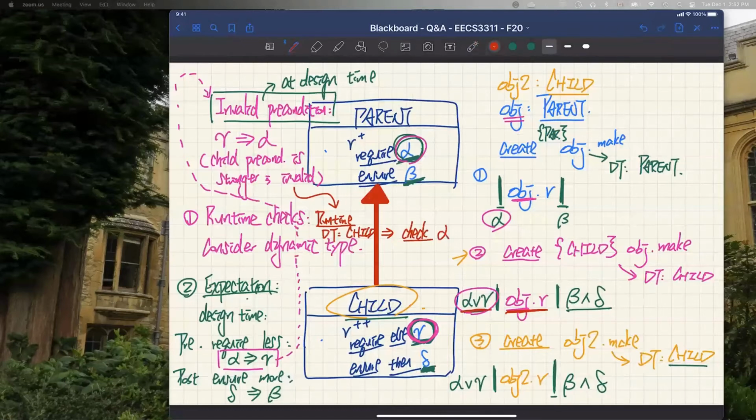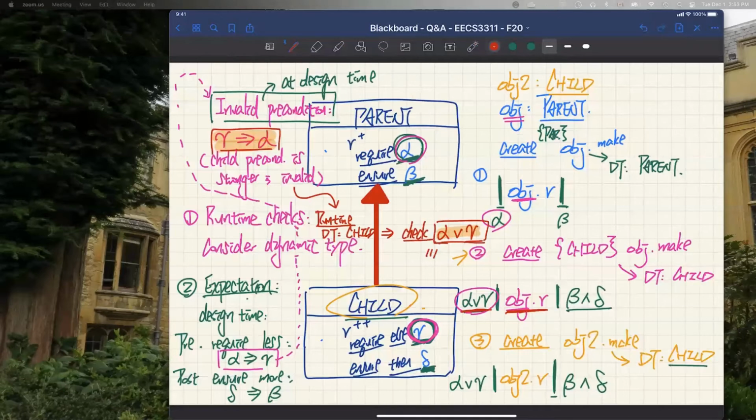There is a little bit of logic you can think about. At the runtime, we want to check alpha or gamma in disjunction, and we already know gamma is stronger than alpha. So now let me have a little logical quiz for you if you like. If we say this is the case, and also we want to check this, what would that be equivalent to?